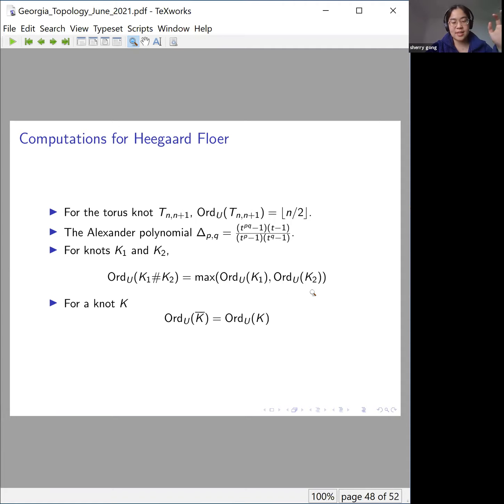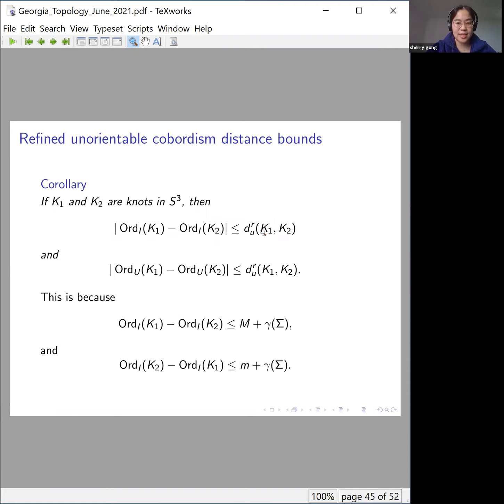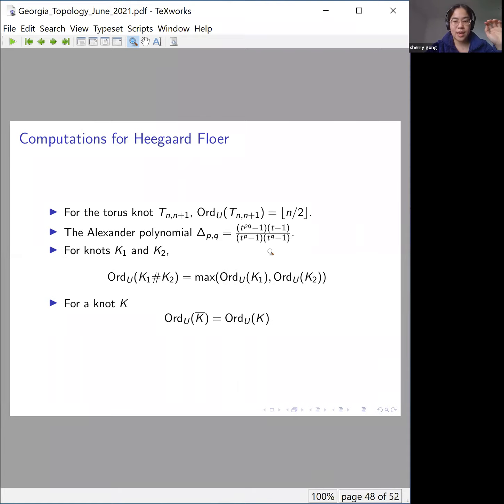And so this is how we're going to show that these refined cobordism distances can be large, while the standard cobordism distances are not, because if you connect sum a knot with the mirror of another knot, the standard cobordism distance is getting canceled, but the refined one is not getting canceled, because the connected sum takes the maximum of the two.